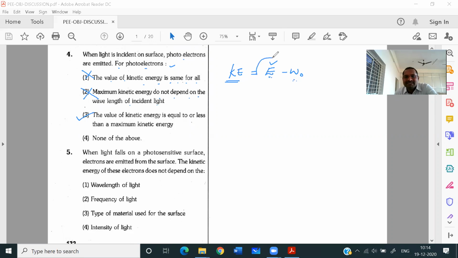No, this energy is equal to hc by lambda minus work function. Yes, it depends upon the wavelength of light, but they have given that it does not depend, so it is wrong. Next, value of kinetic energy is equal to or less than maximum kinetic energy. Yes. If the work function is 0, it will be equal. If it is some value, then it will be less. So option 3 is the right answer. None of the above is also wrong. I hope you understand it very clearly. Conceptual questions need to be clear.